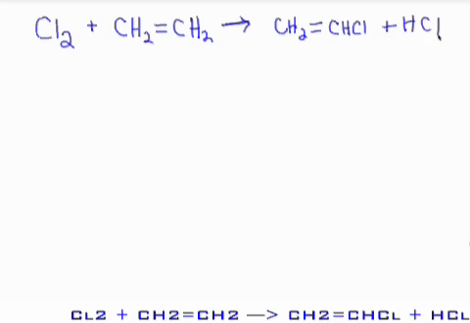So here's my overall reaction. And I want you to calculate the delta H, right, the heat of reaction for this reaction. All right, what's happening here? Well, in this case, we are breaking a Cl2 and here a carbon-H, right? We're breaking, let me just draw it a little differently.